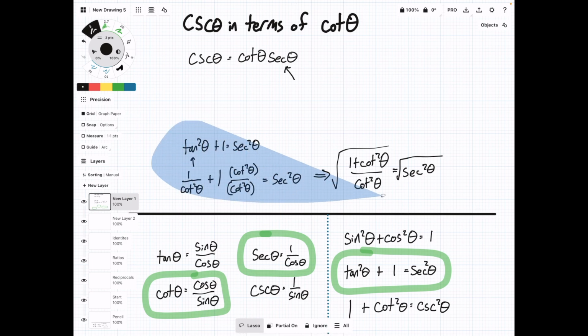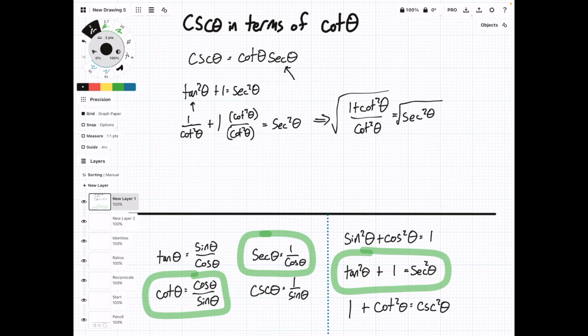So let's actually move this up. This is going to give us secant theta is equal to square root of 1 plus cotangent squared theta over cotangent theta. So the square root and this square cancel out. And then we can plug this into here.